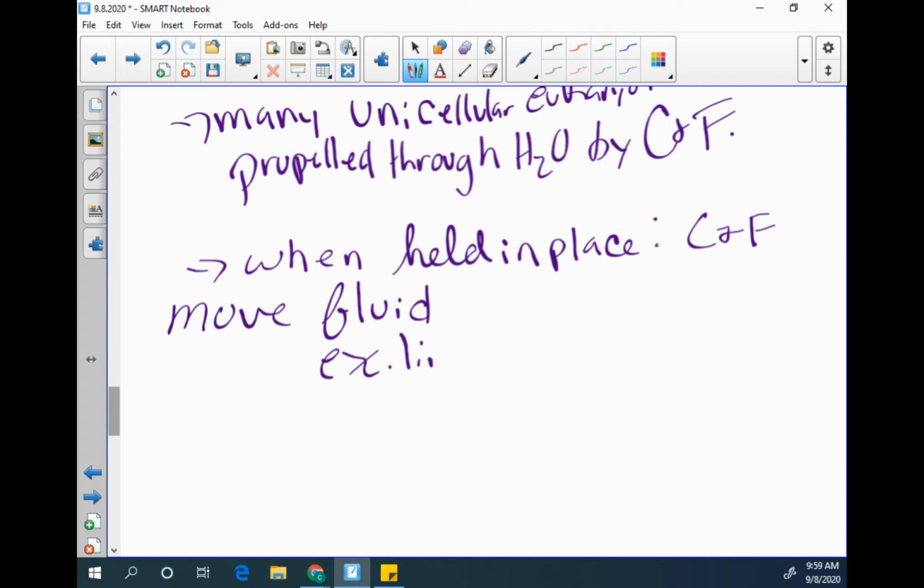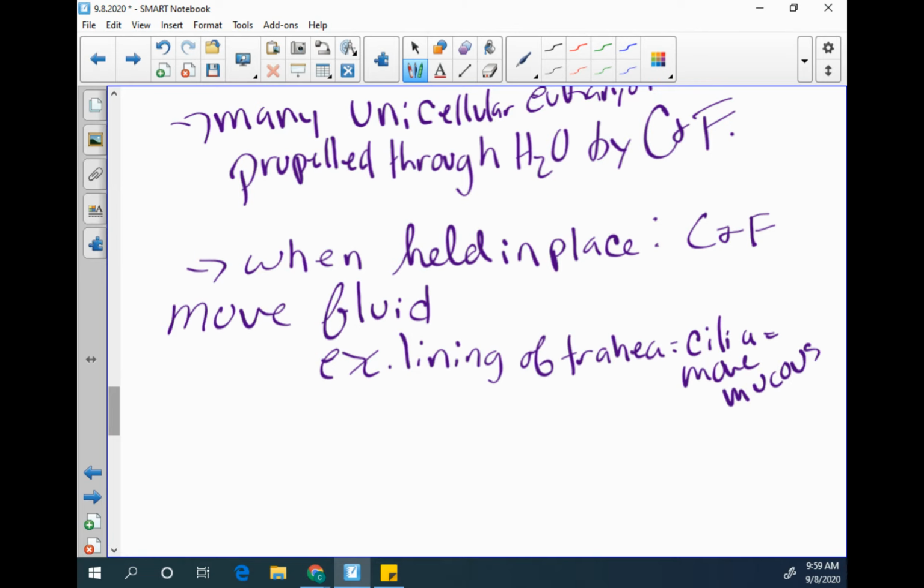So lining of trachea equals cilia to move mucus. So when you cough and all that junk comes up, that is because your cilia are helping to move fluid one way or the other.